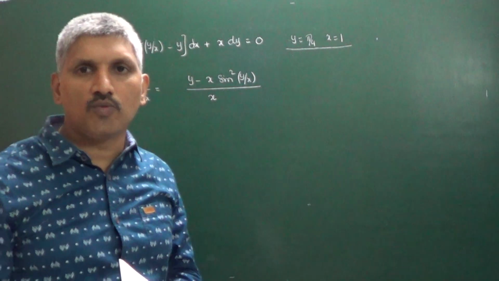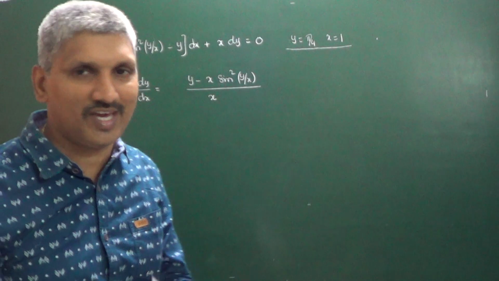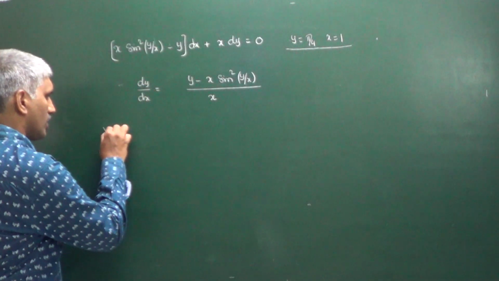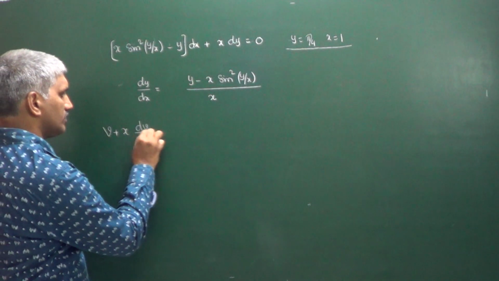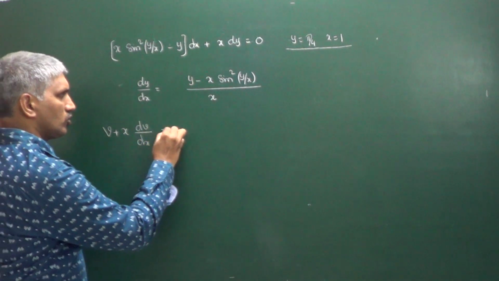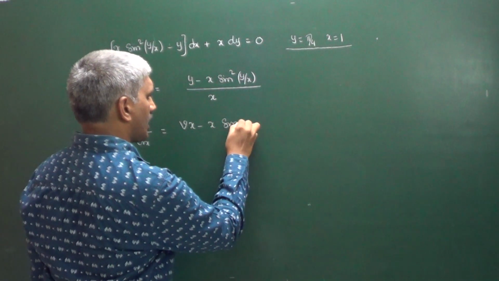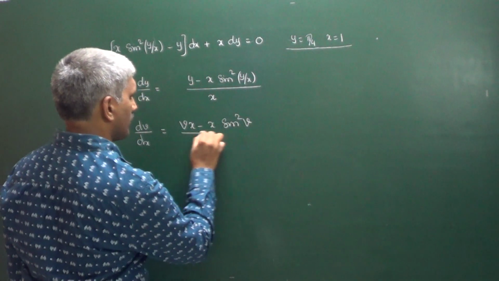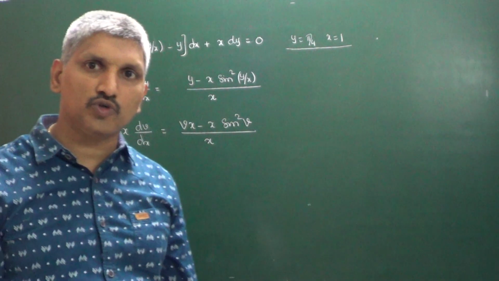So it is a homogeneous differential equation. To solve this homogeneous differential equation, we have to take the substitution as y is equal to vx. So that's why v plus x into dv by dx is equals to vx minus x into sin square v divided by x. Wherever y is there, in place of y I substituted vx.